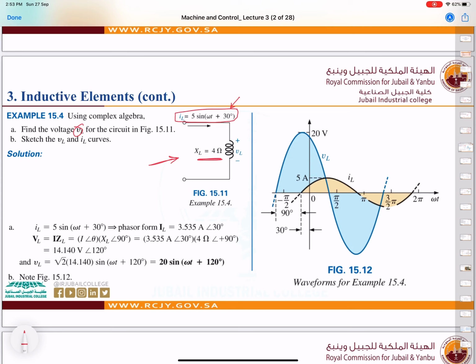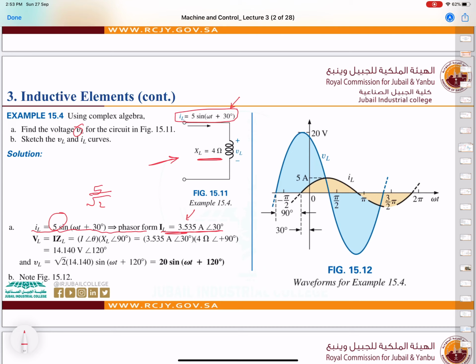So we will find the phasor form, which is the polar form. This is the value, because we are dividing here the value 5 divided by root 2. And with angle 30, because he says that the current is shifted by 30 degree. That's why we put 30 degree here, shabab.